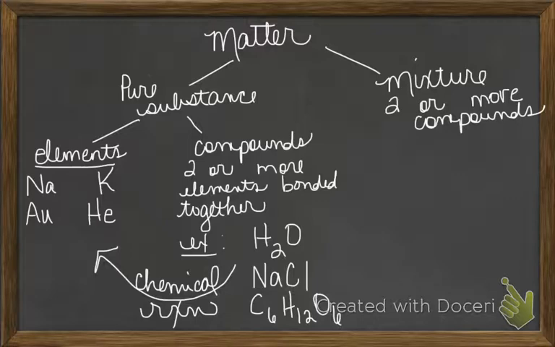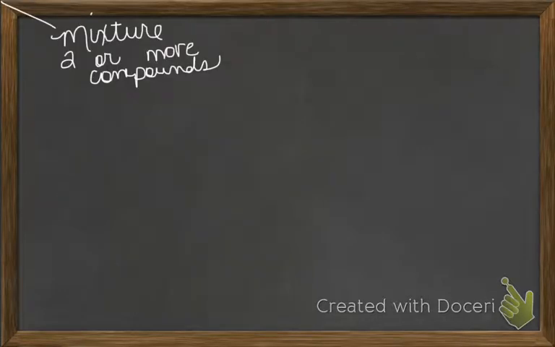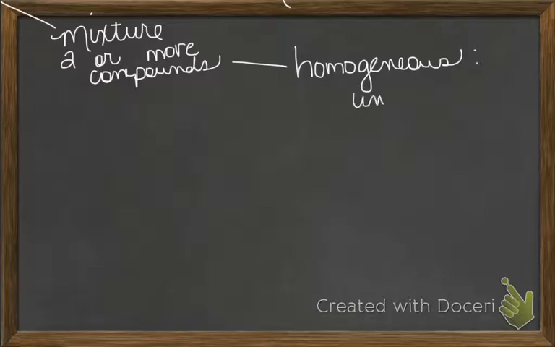Mixtures can be further classified as homogeneous or heterogeneous. Since I'm running out of room, I'm going to come over here and talk about the difference between homogeneous and heterogeneous. A homogeneous mixture means that it's uniform throughout.